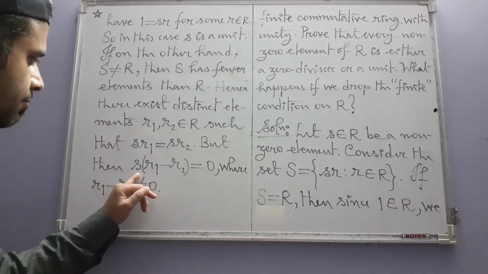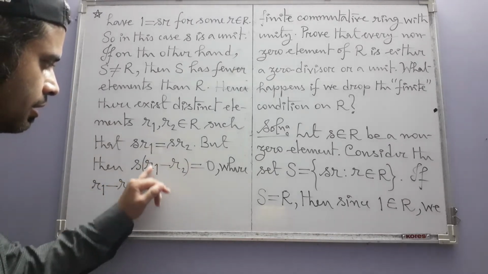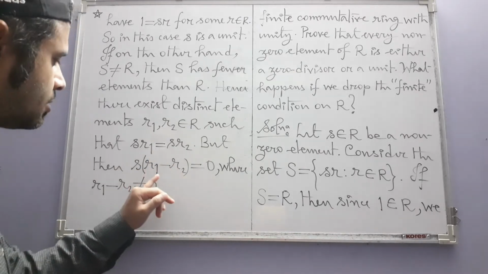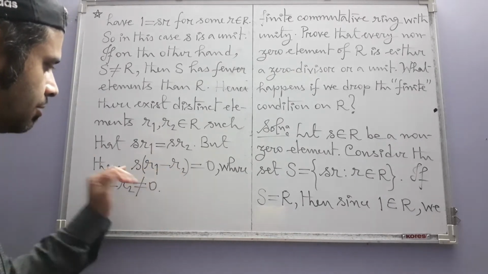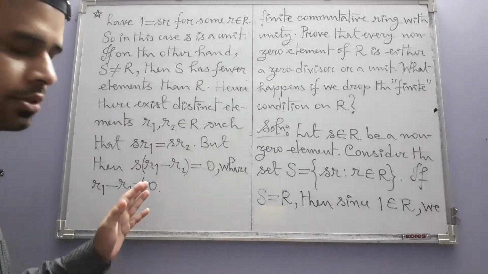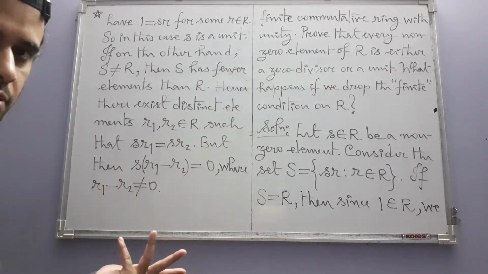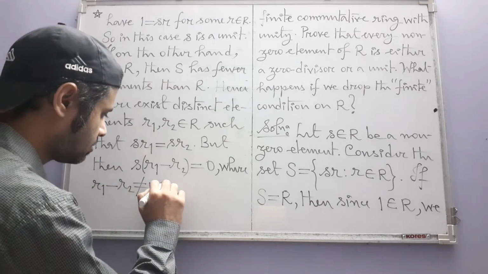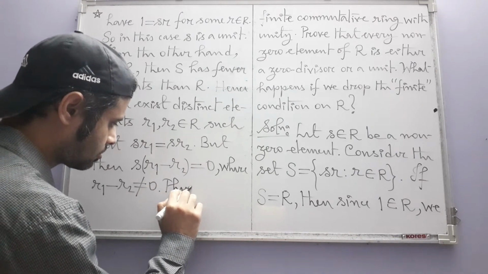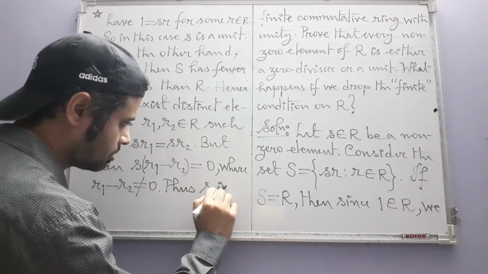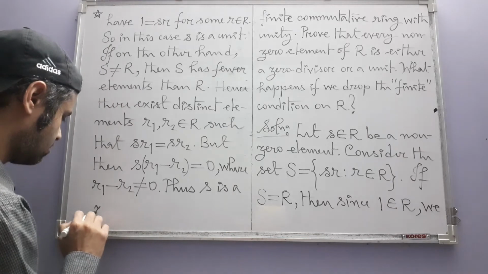So we have been able to show that there is a non-zero element in the ring such that if you multiply that with s, you get 0. So that means s now is a zero divisor. Thus, s is a zero divisor.